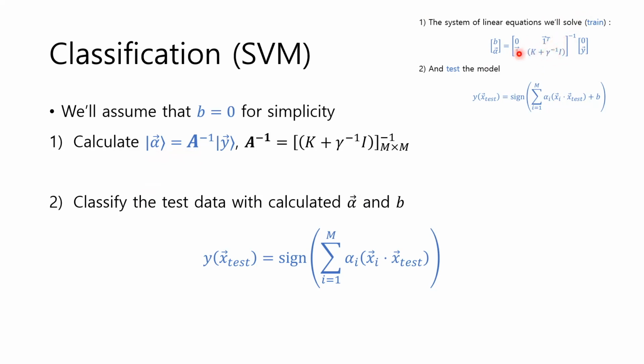So the dummy row and dummy column are discarded, and also the 0 is discarded here. The first step is simplified as follows, and the test function is also simplified as follows.